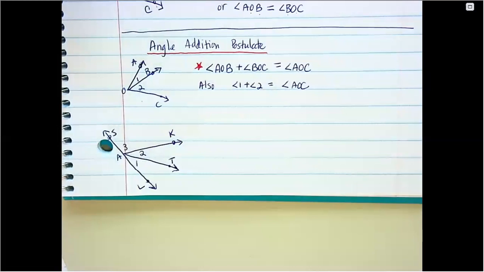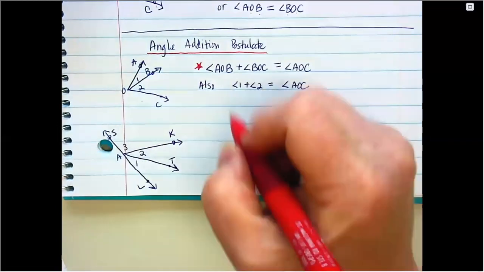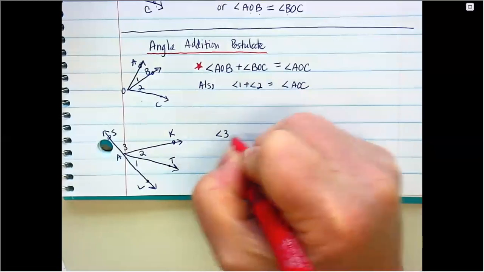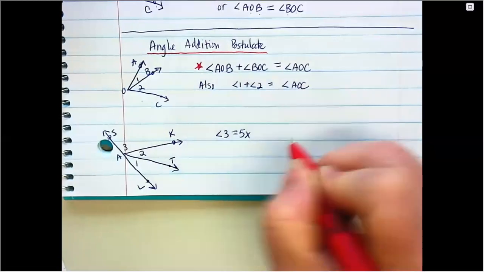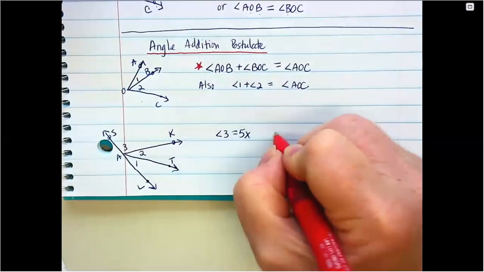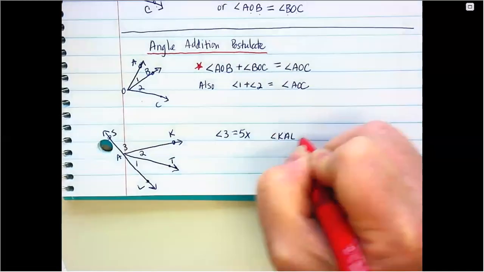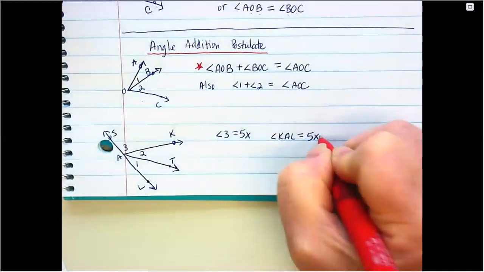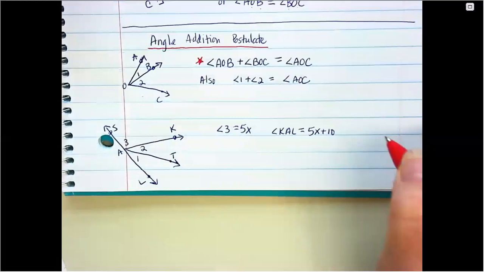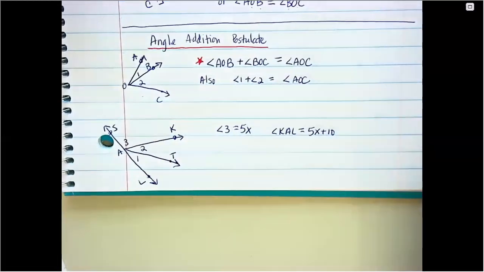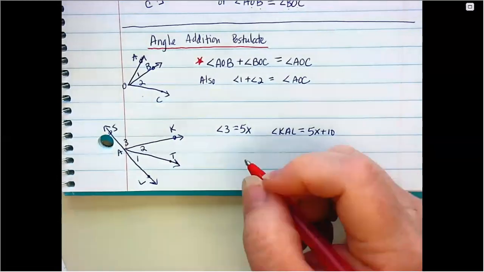So they're going to give you information. They're going to tell you that angle 3 is equal to 5x, and angle KAL is equal to 5x plus 10. Now remember we said we need to label our picture. So let's do that. So angle 3 is 5x.